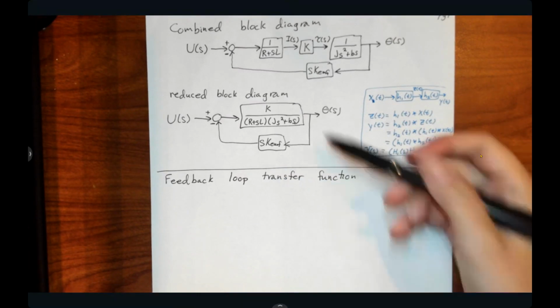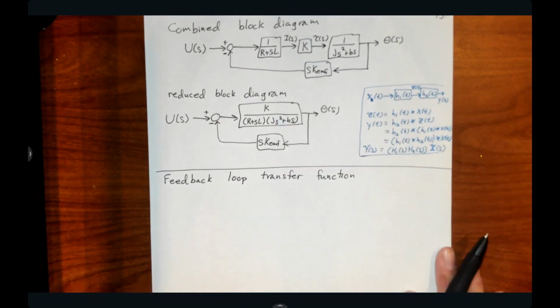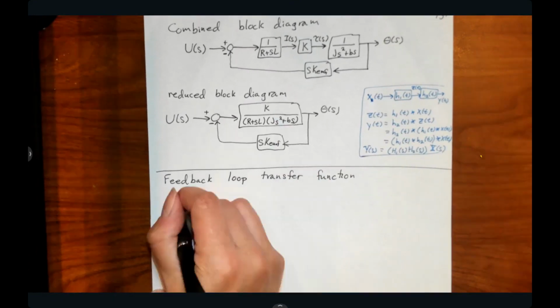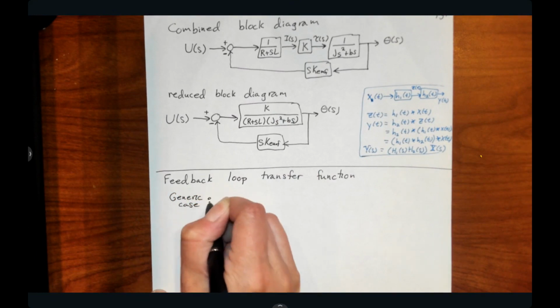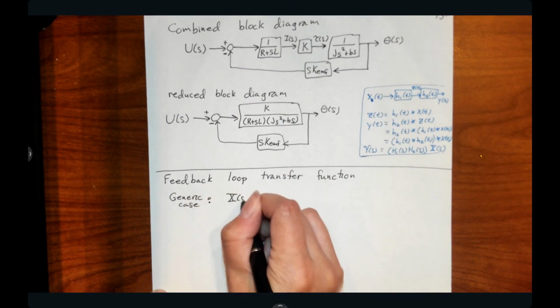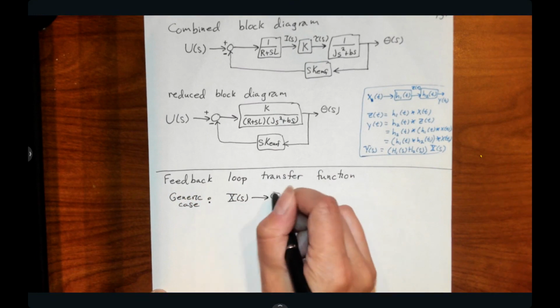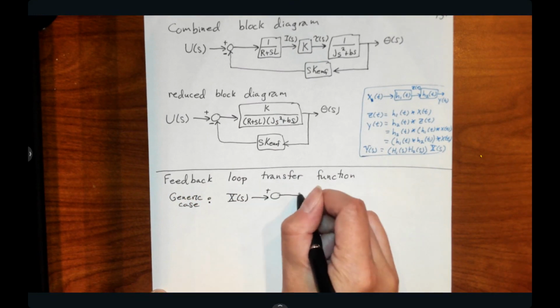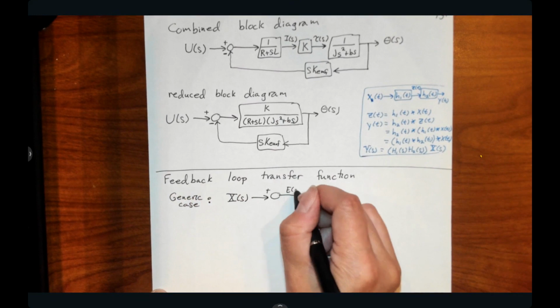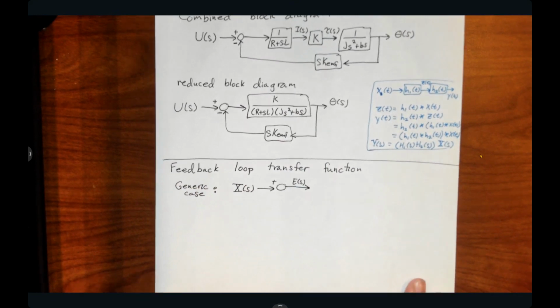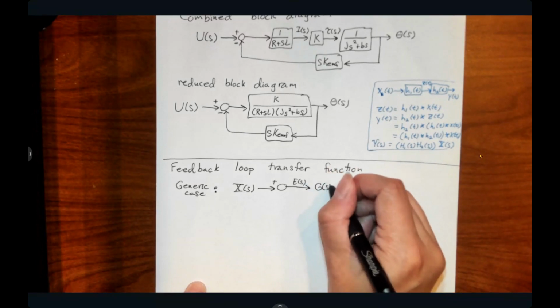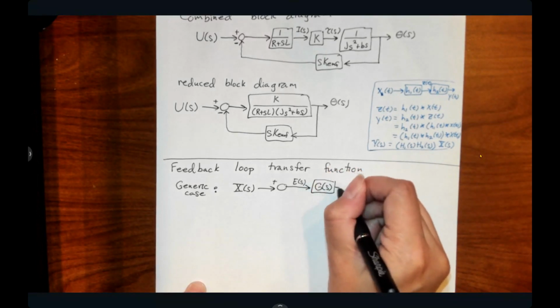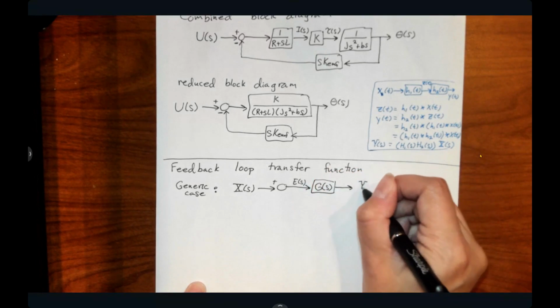Here we have two separate ones. So if we look at the generic case, let's say I have an X of s, and we'll call the output of the summation E of s. That might make sense a little bit later, when we look at these types of systems.